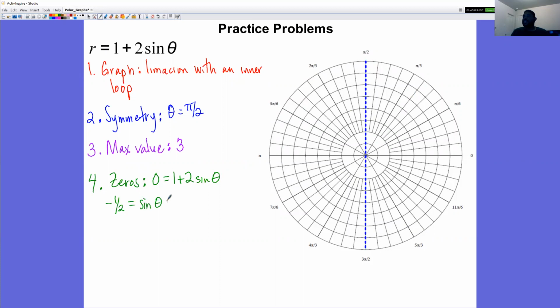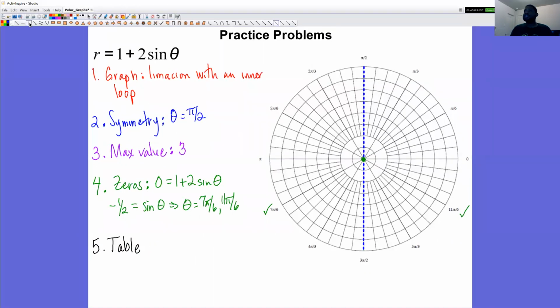So if you solve for theta, you get theta equals 7 pi over 6 and 11 pi over 6. So I already know that at these two angles, here and here, I'm going to be at the pole for sure. So that takes care of that. Now I'm ready to make my table. In the table, I pick additional points that will help draw this graph.